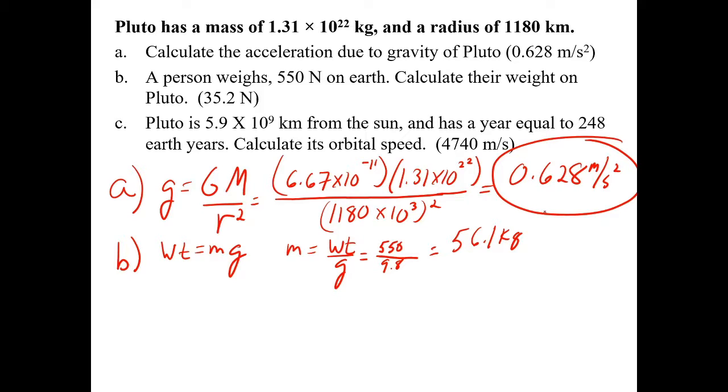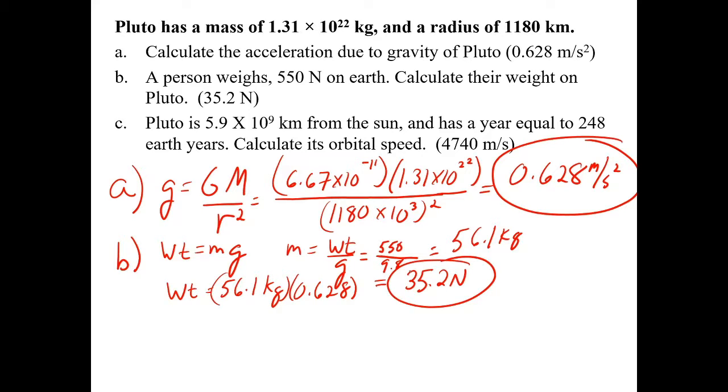But on Pluto, we'd use mg, but not that of Earth. We would use the 0.628. So on Pluto, instead of weighing 550 newtons, as they do on Earth, only 35.2 newtons.